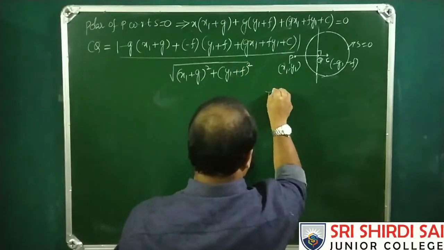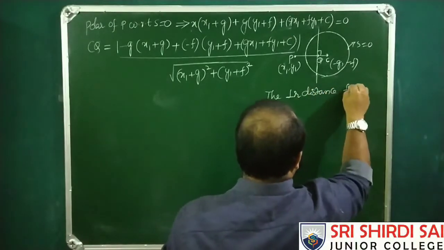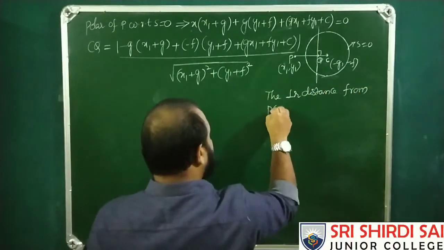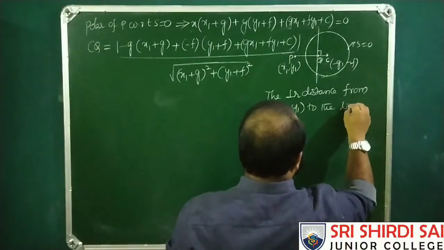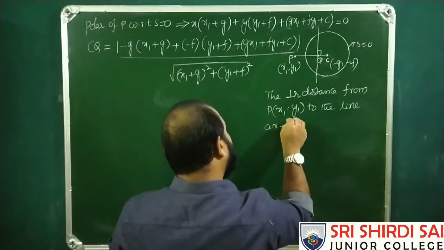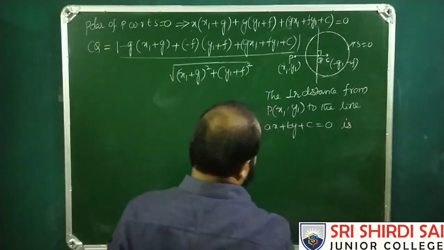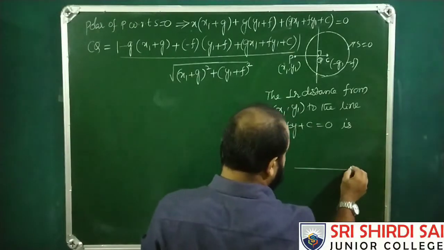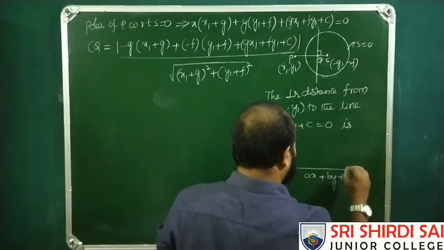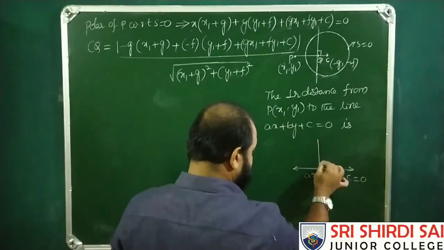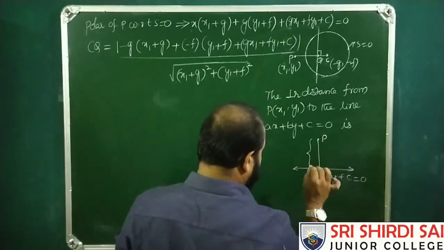Remember, the perpendicular distance from P x1 y1 to the line ax plus by plus c equals to 0, this is the line ax plus by plus c equals to 0, and this is the point P. So this is the perpendicular distance.